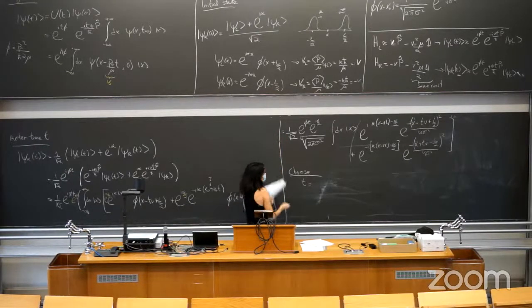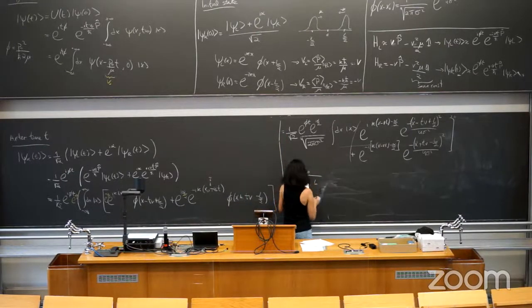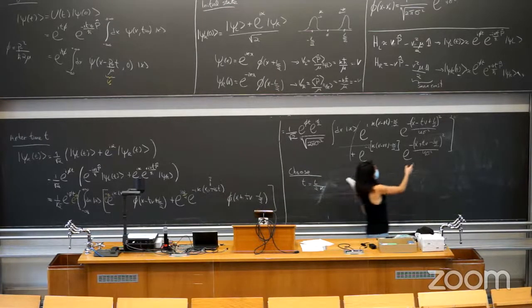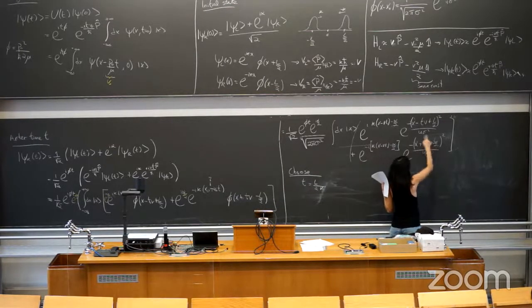So it's the distance L over 2 divided by the speed. So what happens is that at this point, both of them are, these two terms cancel each other. So both of them are centered at x equals 0.